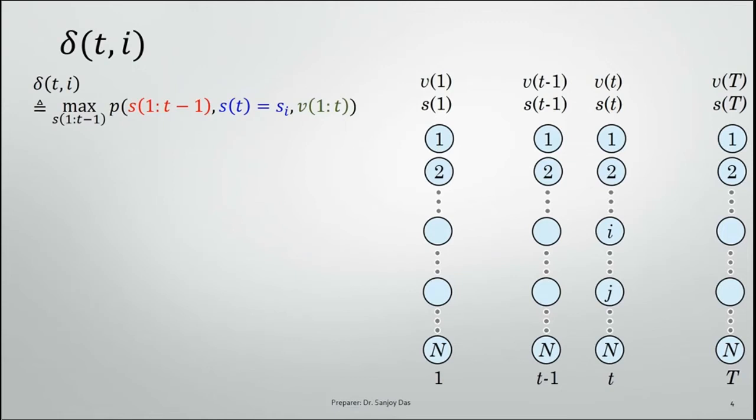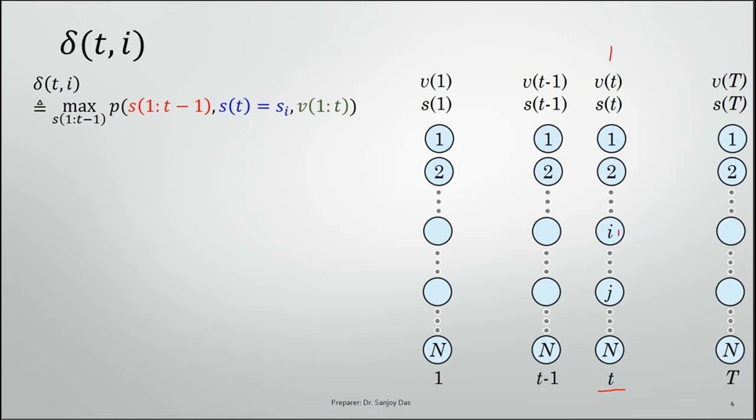We have delta t i. t is the present time step, and at the present time step, the state is S sub i. So at time step t, we are in state S sub i. And there are so many ways in which the HMM would have reached this state S sub i.